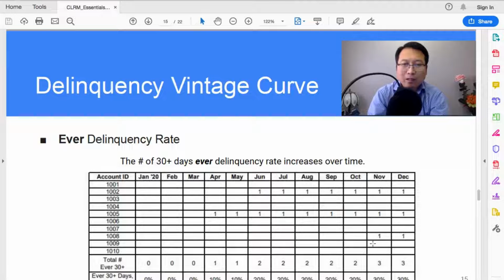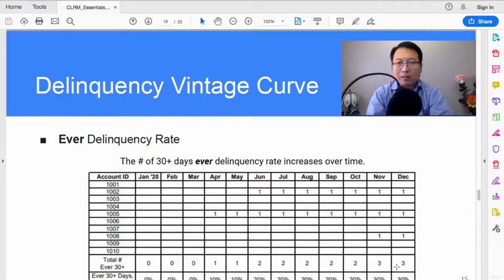Then similarly, we aggregate all the counts together for each month. You can see that the value was 0 in the first 3 months, then 1 for April and May, then it became 2 in June, all the way to October, then November and December became 3.